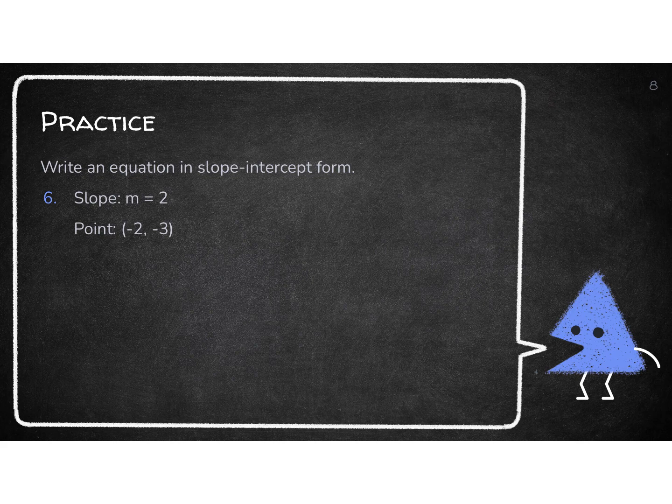Let's look at number 6 here. Again, looking at the information I was given, I'm given a slope and I'm given an x and a y. So let's plug in what we know to y equals mx plus b. So I know my y value is -3. My m is 2. My x is going to be -2. And I don't know my y-intercept, so I'm going to have plus b.